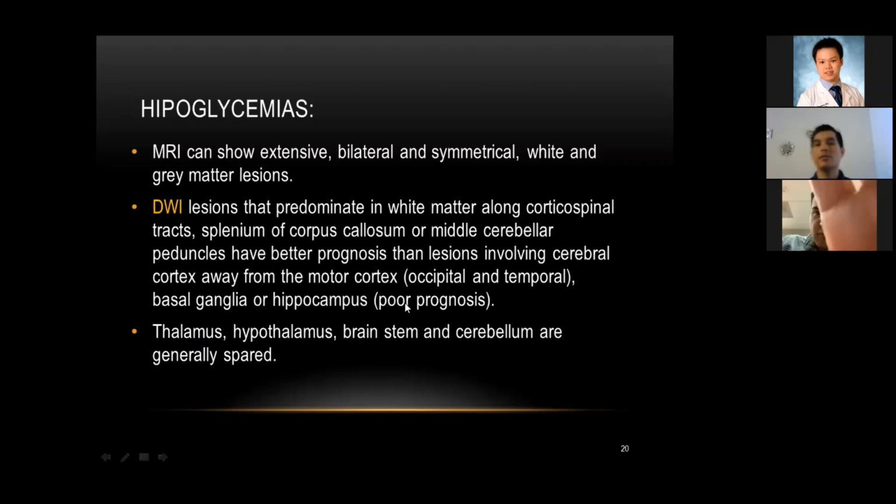This is related to the original slide about that kind of edema, because in the first case this could be more intramyelinic edema. In this case, it's more cytotoxic edema. So thalamus, hypothalamus, brainstem and cerebellum are generally spared.